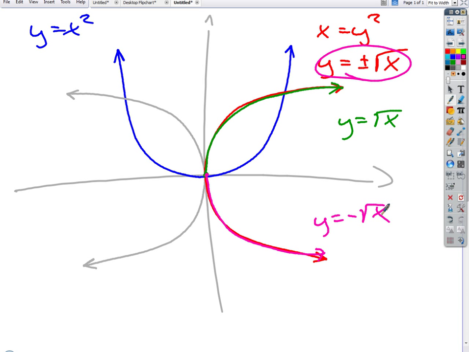Yeah. Okay? So if we wanted to make two functions here, we would have had to have started with only half of that blue one, wouldn't we? Yes. Right? Because what if we had just started with the right half of this one, just the orange one? Well, what would that have been?